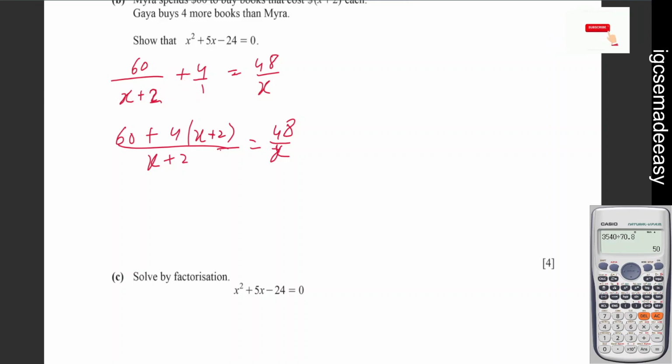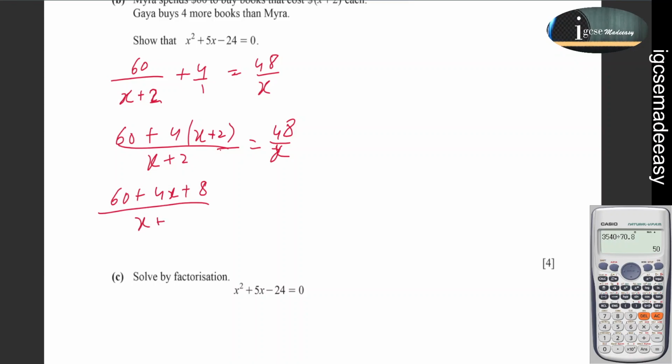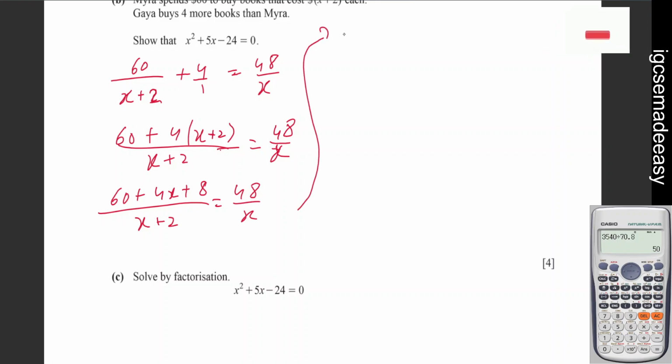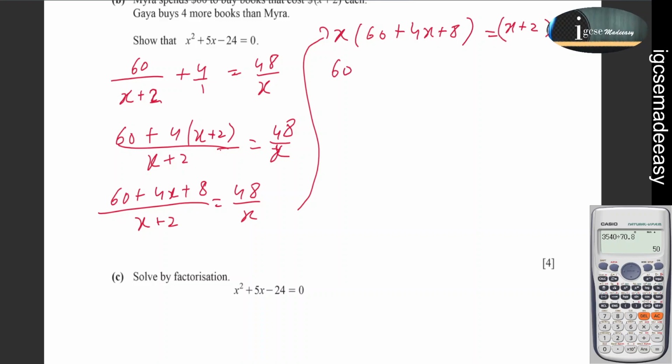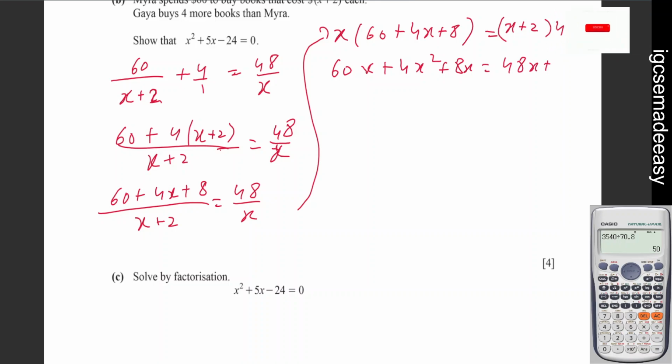Then we have to further solve. 60 plus 4x plus 4 times 2 is 8, divided by x plus 2, equals 48 by x. Let's again cross multiply this. So this will become x into 60 plus 4x plus 8 equals x plus 2 into 48. So 60x plus 4x squared plus 8x will be equal to 48x plus 48 into 2 is 96.